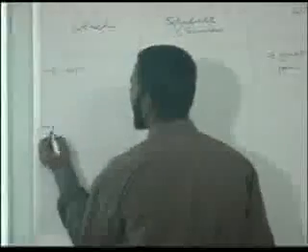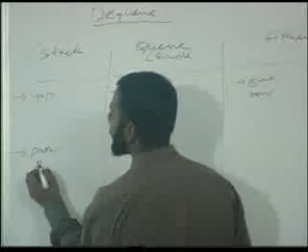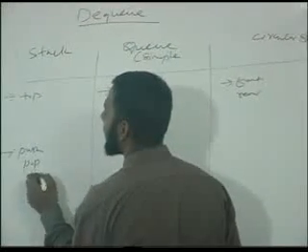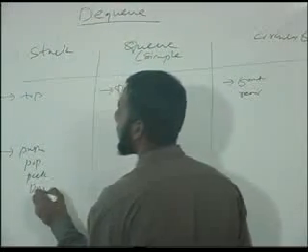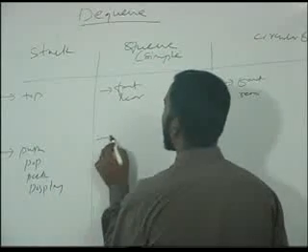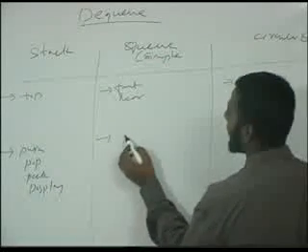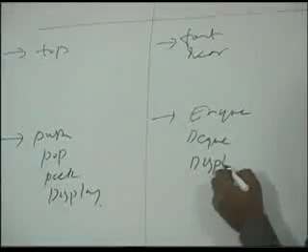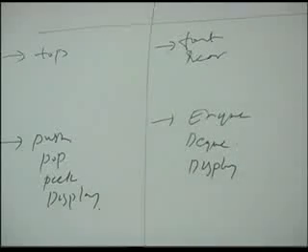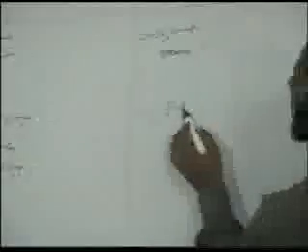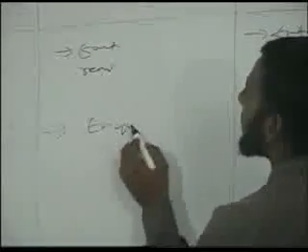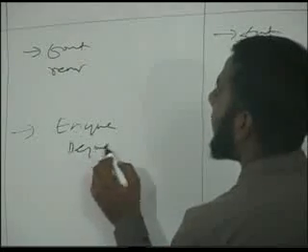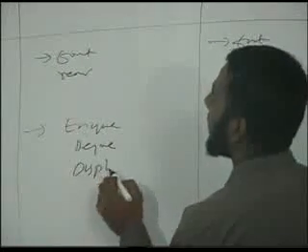What are the operations that can be performed? Push, pop, peek, display. Here operations that can be performed are NQ, DQ, display. Here also the operations that can be performed are NQ, DQ, display.